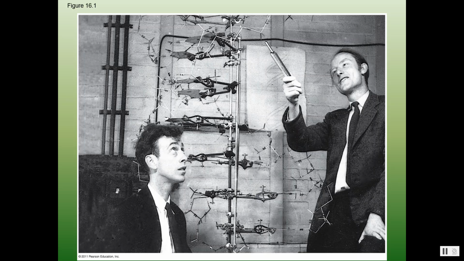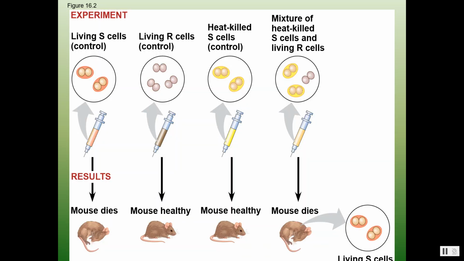All right, so 1928. Let's do a brief history of DNA. 1928, Griffiths, a bacteriologist, experimented with a bacteria attempting to discover a pneumonia vaccine.